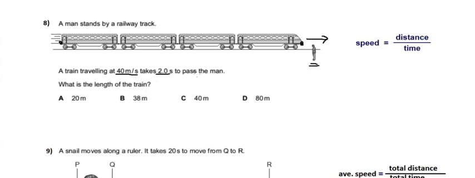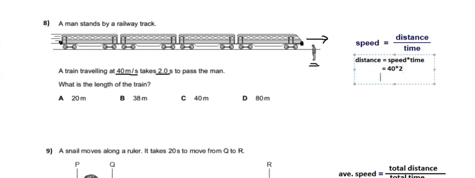To calculate that length, we use this formula: speed is equal to distance divided by time. Here the distance is the length of the train itself. The distance will be equal to speed multiplied by time. The speed is given, 40 meters per second, and the time is 2.